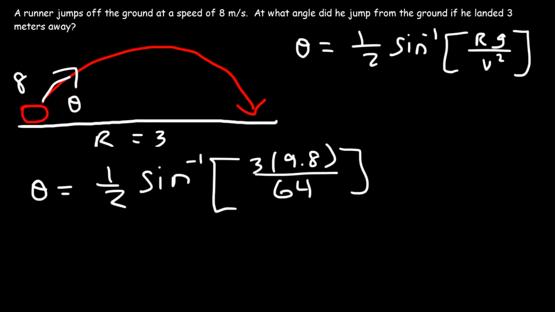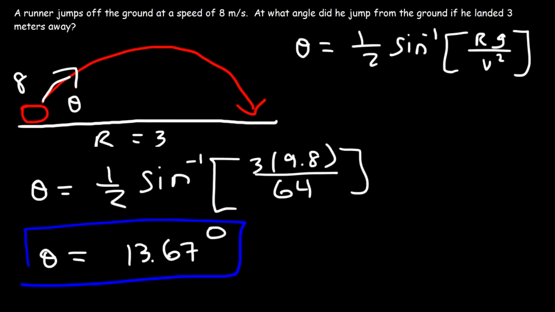And then if you take the arc sine of that value, that's 27.3468. And then if you multiply that by 0.5, theta is equal to 13.67 degrees. And so that's the answer to this problem. So that's how you could find the angle if you have the range and the initial speed.